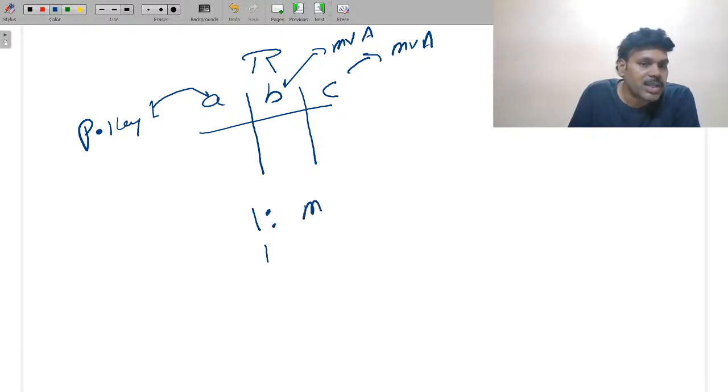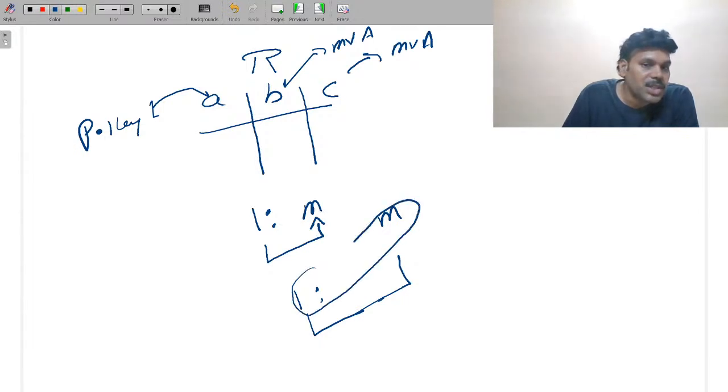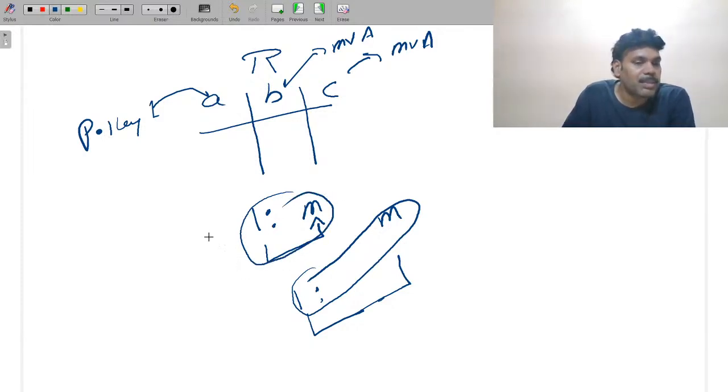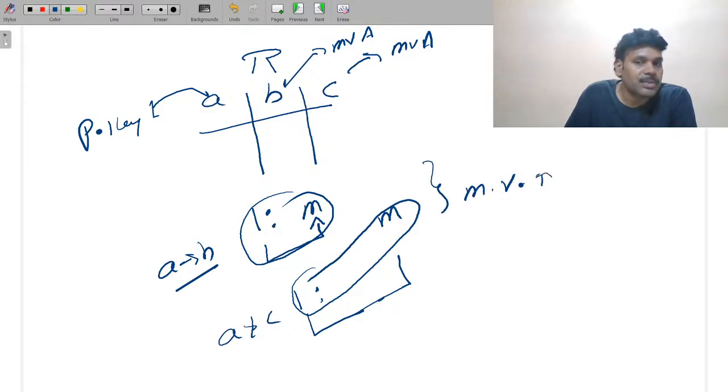So this is going to repeat for every one of these B values, and one more. For every one of these, it is going to repeat one more time. Therefore, there is a 1:M relationship between A and C. There is a 1:M relationship between A and B. This is between A and B. This is between A and C. Whenever you have two independent 1:M relationships, then there is the concept of multi-valued dependency.